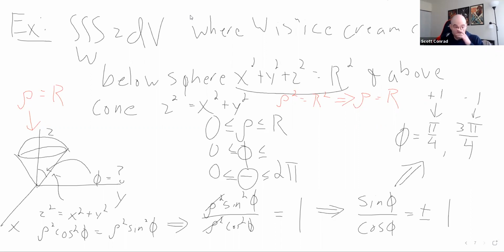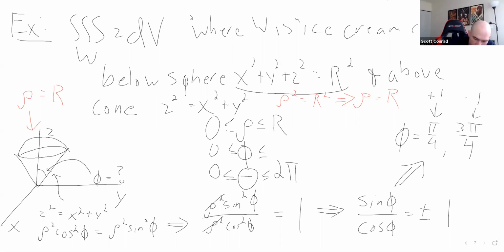But we know we're looking at the upper half of the cone, right? So phi equals pi over 4 is going to lie above the xy plane. That's an acute angle with the positive z-axis, so it lies above the xy plane. That's the piece we want.